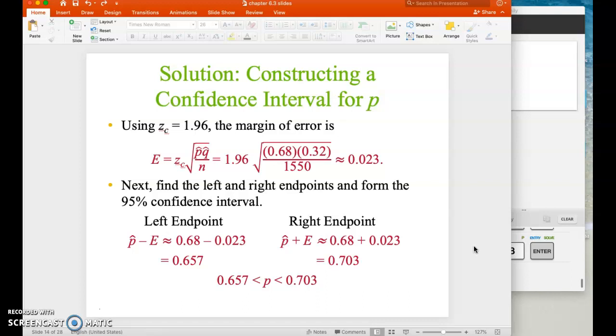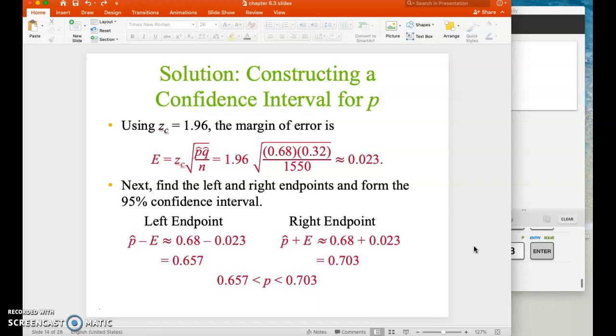Our left endpoint is P hat minus our margin of error, which is approximately 0.68 minus the margin of error of 0.023, and gives us a left endpoint of 0.657. The right endpoint is P hat plus the margin of error, and that gives us a right endpoint of 0.703.